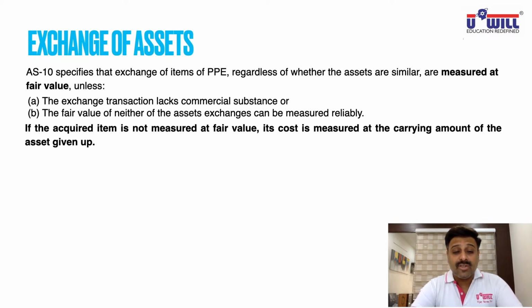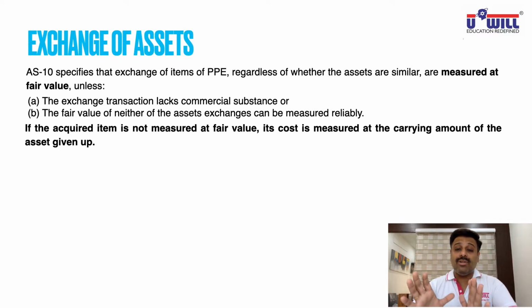Because the above A and B conditions are not satisfied. It is not measured at fair value means either it doesn't have commercial substance or the fair value is not ascertainable or both situations apply. Then its cost is measured at the carrying amount of the assets given up. Carrying amount means book value. All of you underline carrying amount and write book value of the assets given up.